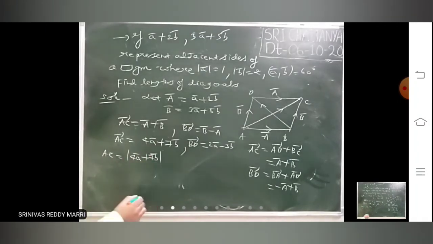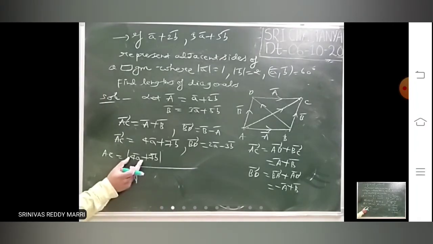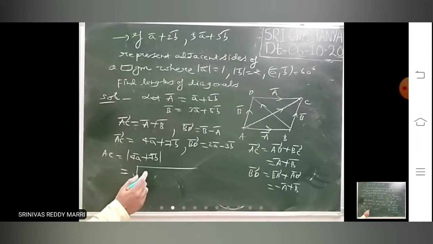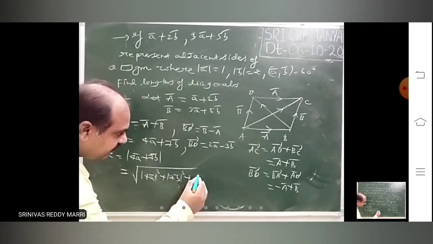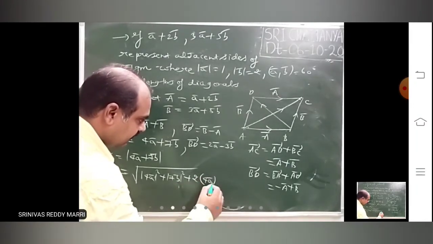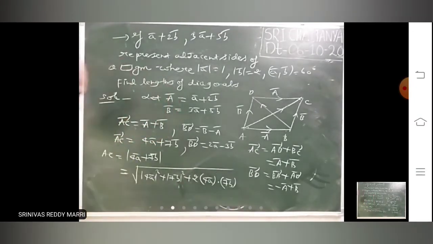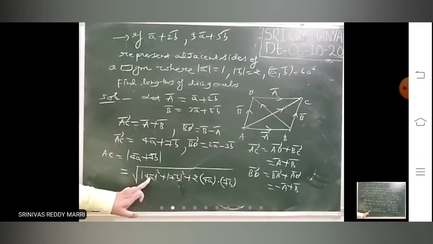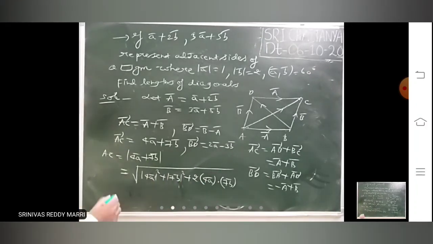The modulus of that vector is nothing but the length. What is the formula? Take this as A bar, which is 4A bar, and this as B bar, which is 7B bar. The formula is modulus A bar square plus modulus B bar square plus 2 into A bar dot B bar.